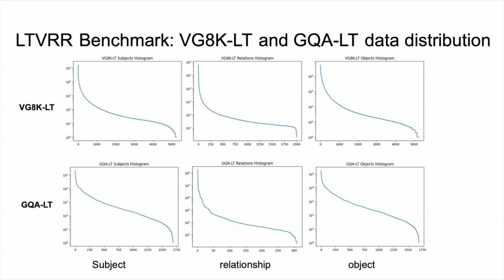The top frequent relations contain nearly hundreds of thousands of examples. But the tail classes contain only a very small number of examples, maybe 10 or 5. So predicting the long-tail classes with these datasets can be very challenging for current AI models.